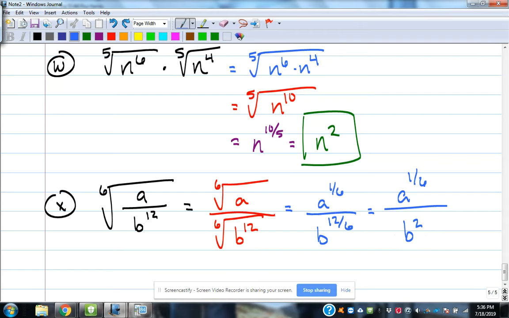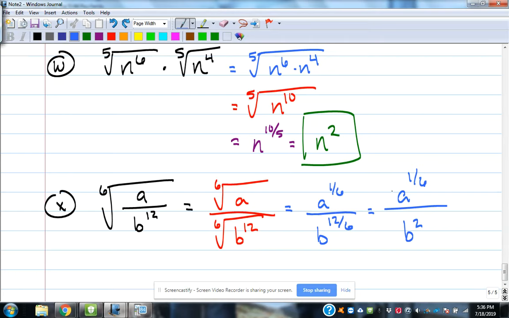So no matter what b ends up being, if they tell me b is negative 752, if I square negative 752, it still turns into a big positive number. So you don't have to have them there.